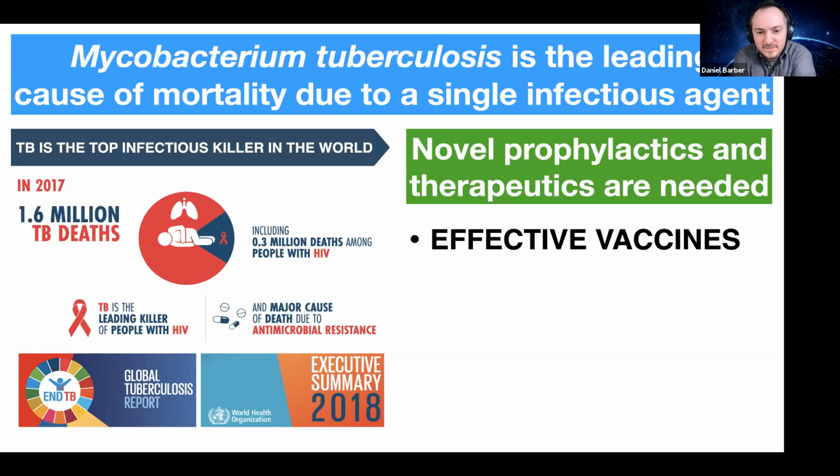A highly effective vaccine for TB would have an enormous impact on the global pandemic. We also really need to develop novel antibiotics, in part due to antimicrobial resistance, but of course, TB chemotherapy is long, and novel antibiotics, which could shorten treatments, would have a huge effect as well.